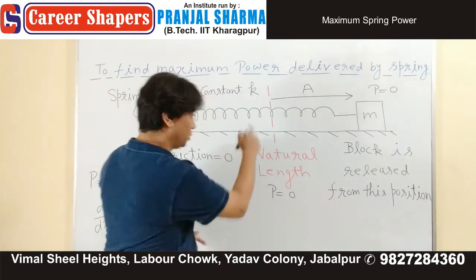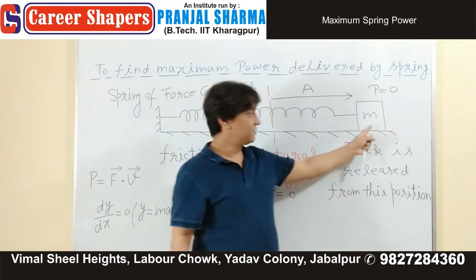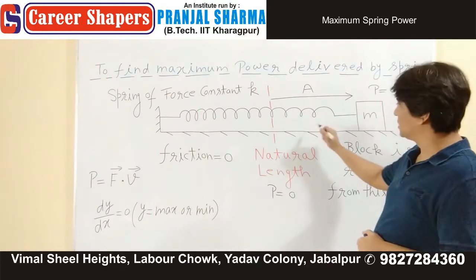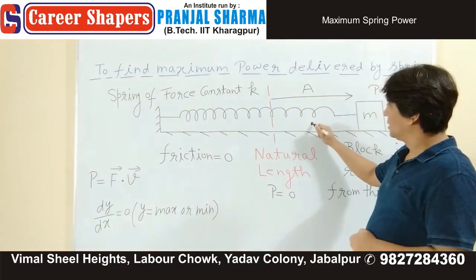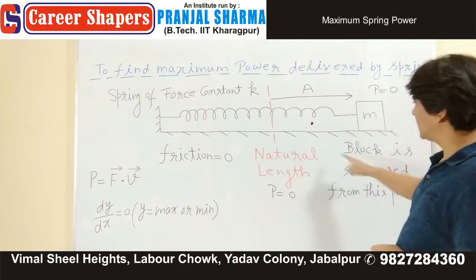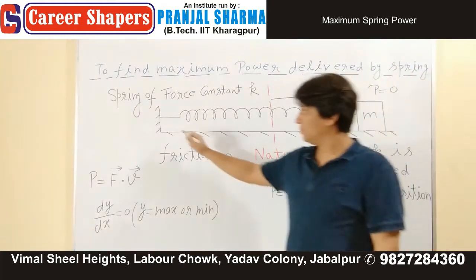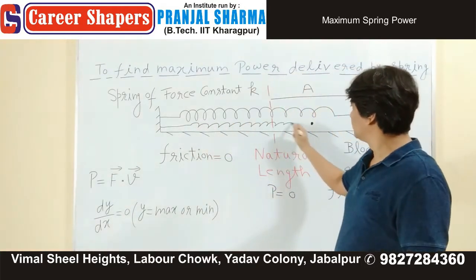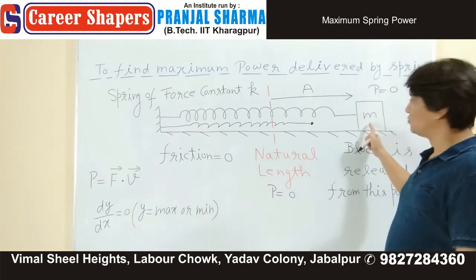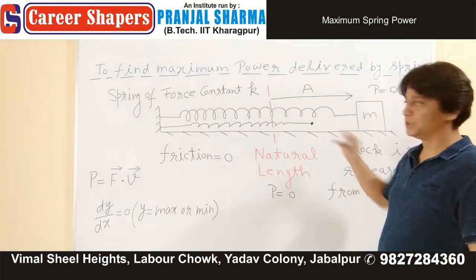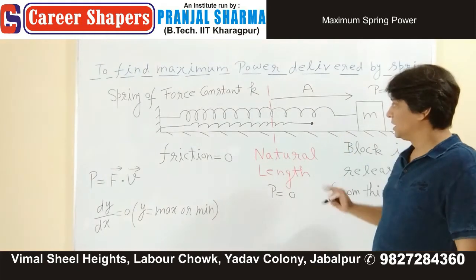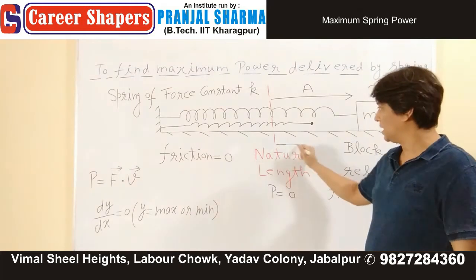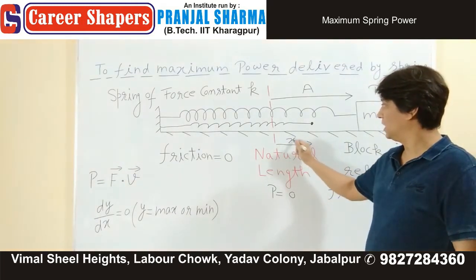Which x? Look here. As you release the object from this position, after some time we found that object is present over here. I am showing the object, this block, as a dot. So after some time, we found that the whole setup is like this. Block has moved from this position to this position, and right here its velocity is v, and its deformation from the natural length is now x.